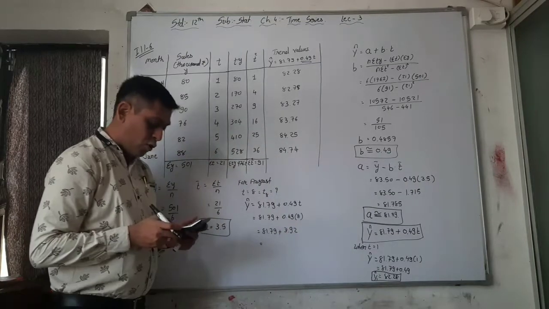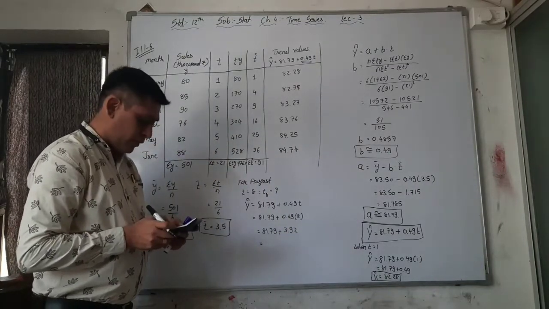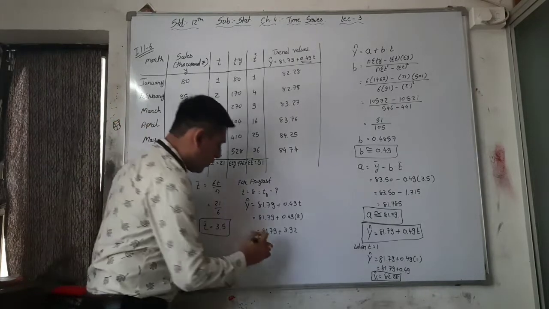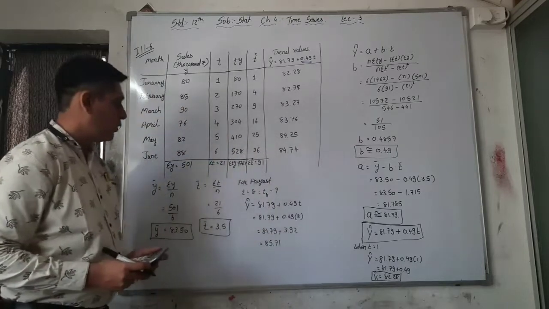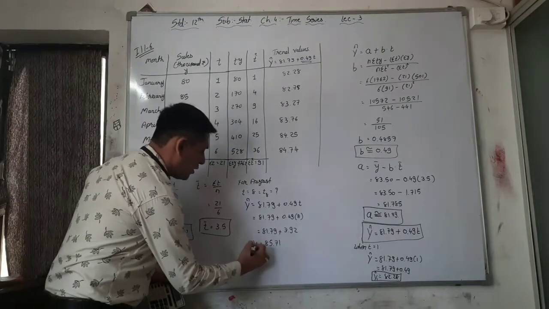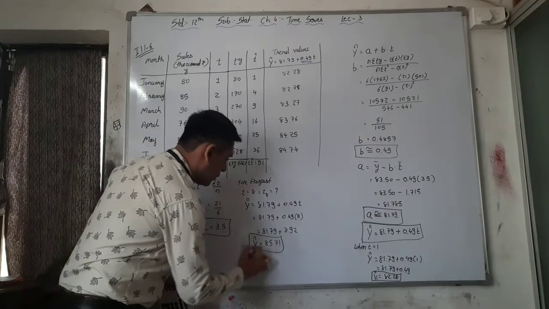Plus 81.79. So the value is 85.71. See, the sum is complete.